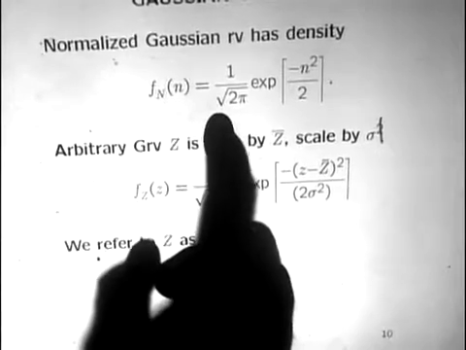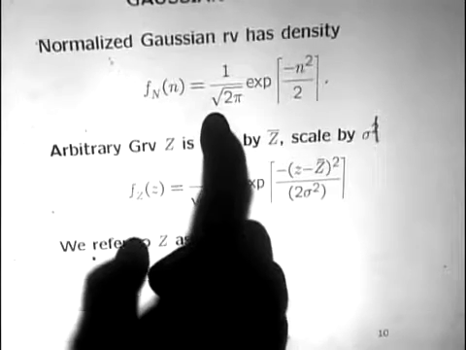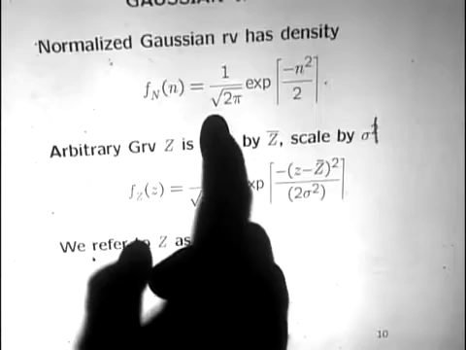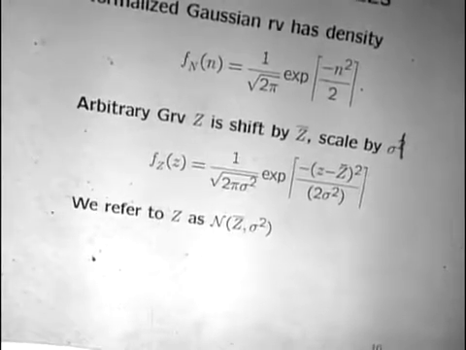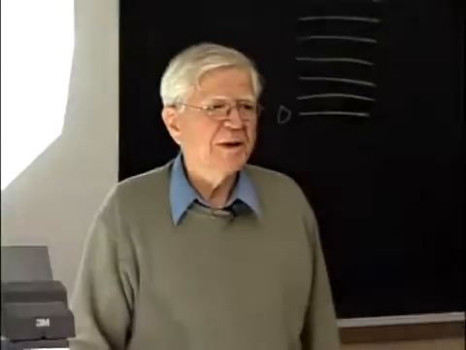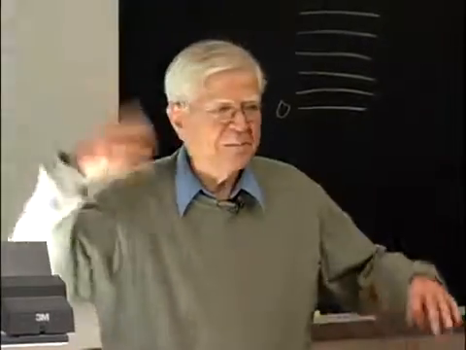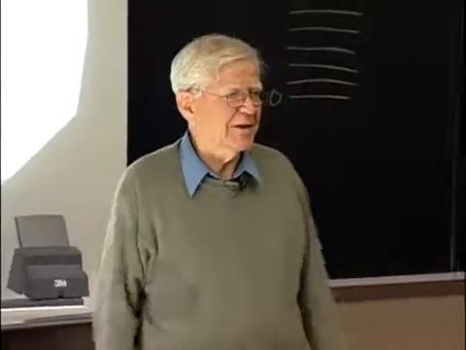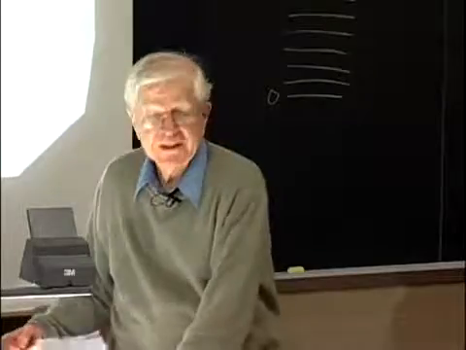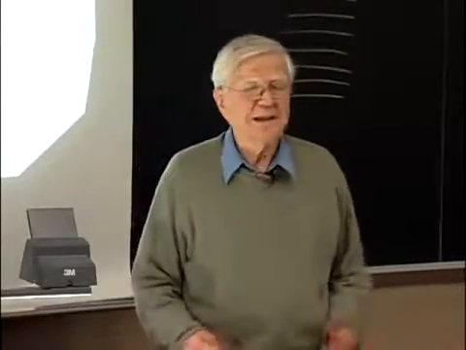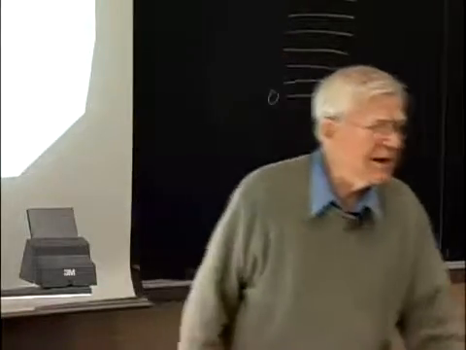It's one of the easiest random variables to work with, far easier than a binary random variable. You add up a bunch of binary random variables, and what do you get? You get a binomial random variable. And binomial random variables, when you add up enough of them, they get uglier and uglier, except they start to look Gaussian. These Gaussian random variables, you add up a bunch of them, and what do you get? You get a Gaussian random variable. Yes?